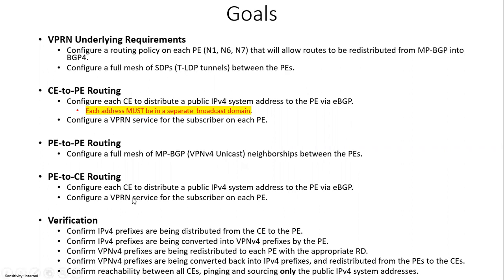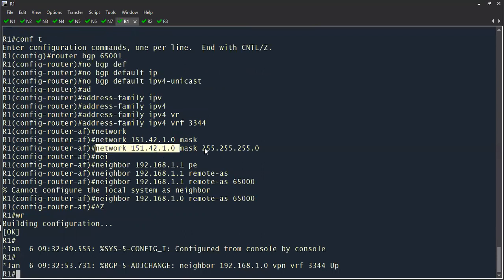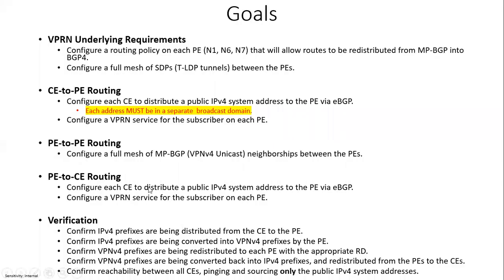And by using our network statement, for example, network 151.42.1.0 mask /24, we've created a policy to distribute the public /24 to the PE router via our external BGP neighborship. And we've already taken care of the last step here, which is configure VPRN service for the subscriber on each PE. So we can move into the verification.